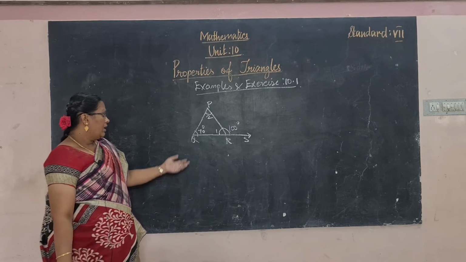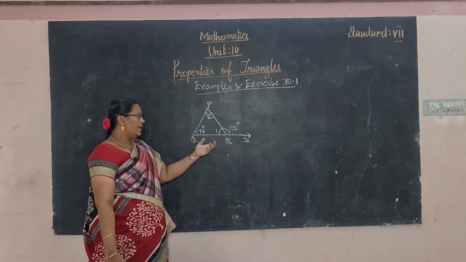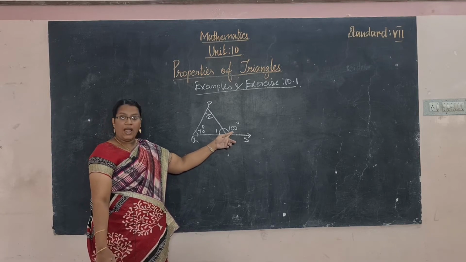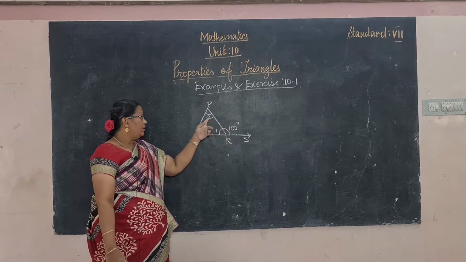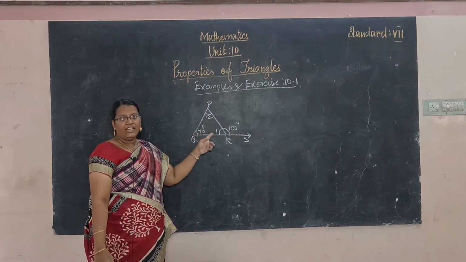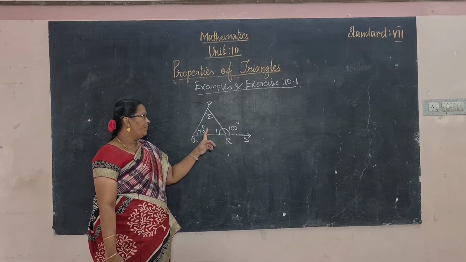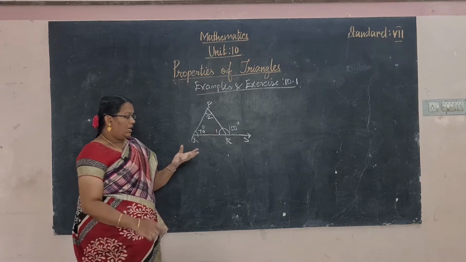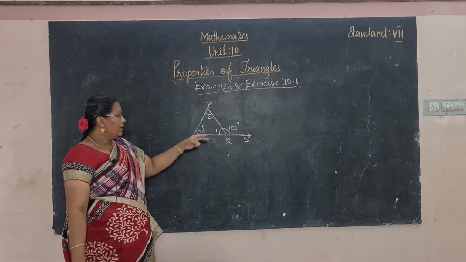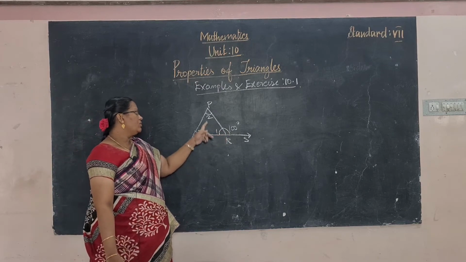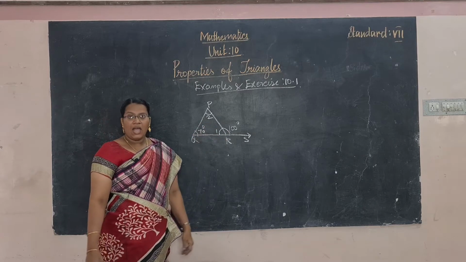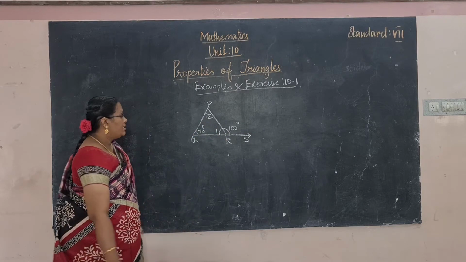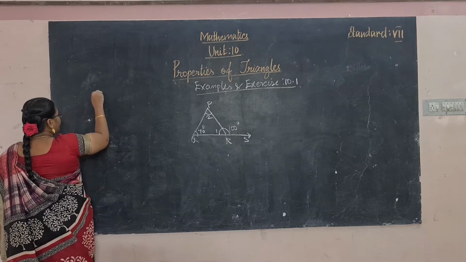We can clearly observe from this diagram that this is an exterior angle and these are the interior angles. So we use the angle sum property and the exterior angle property to find the remaining angles. Let's see the example.